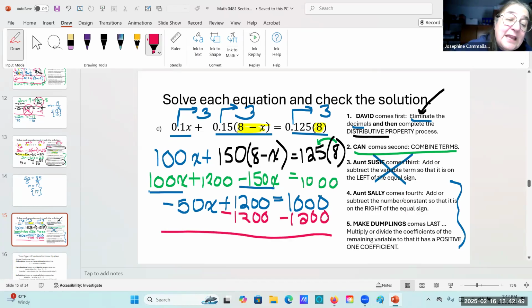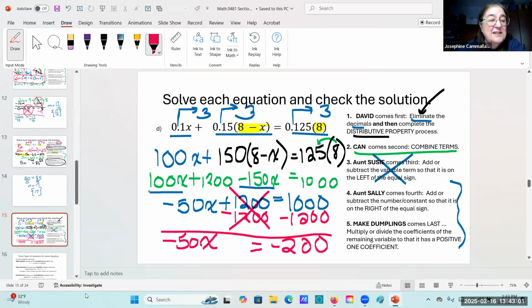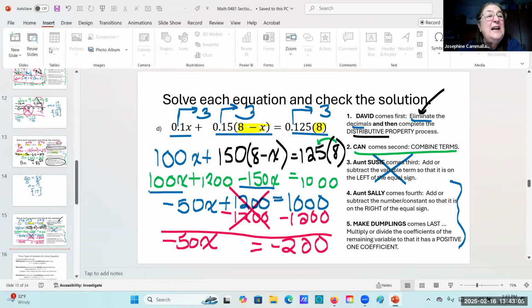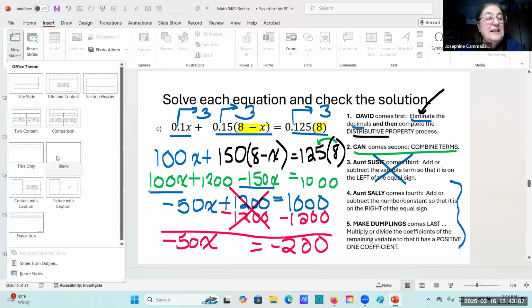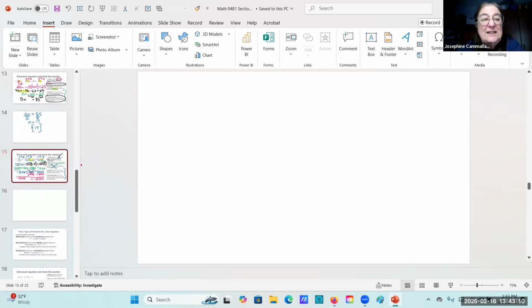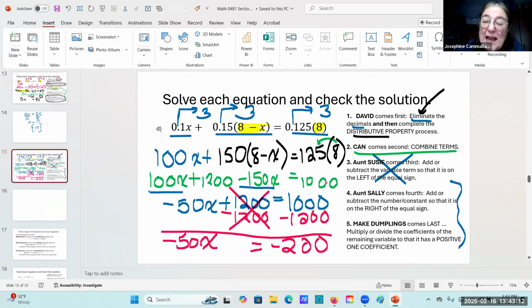Now this is going to give me a negative 50x. Now this is going to cancel out, but this is going to give me a negative 200. Okay. Well, notice here, I want a positive 1 coefficient.